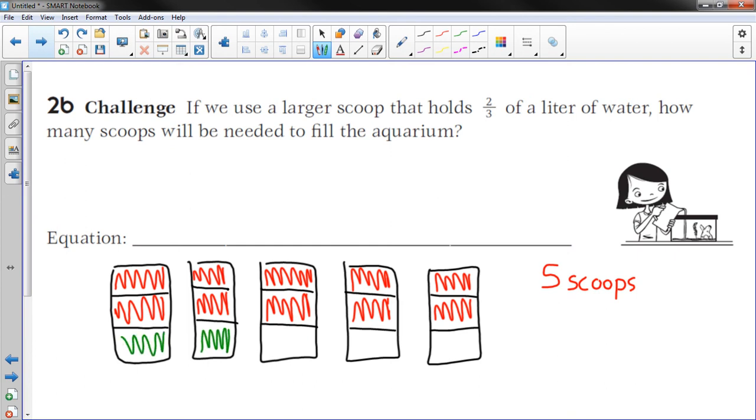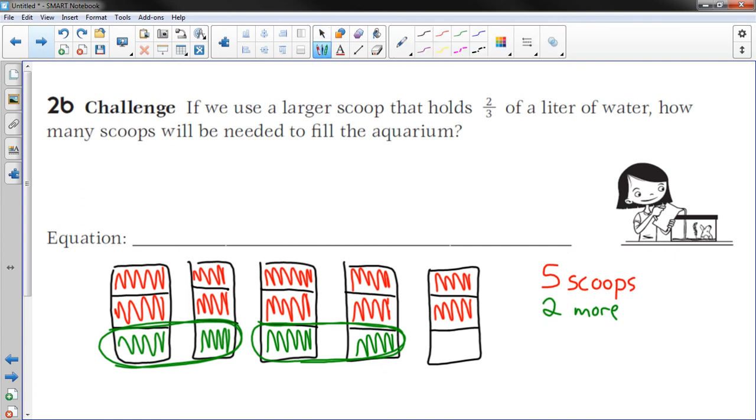There's another scoop there. There's another scoop there. So there's one here. And there's another one here. So that gives me 2 more.